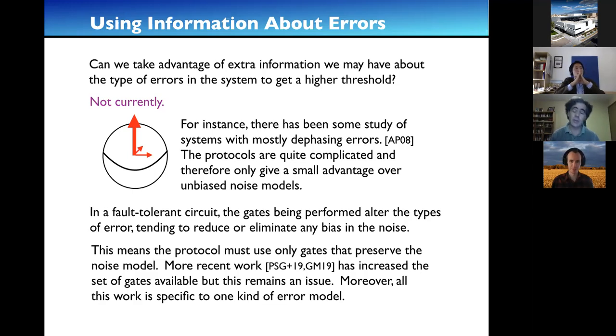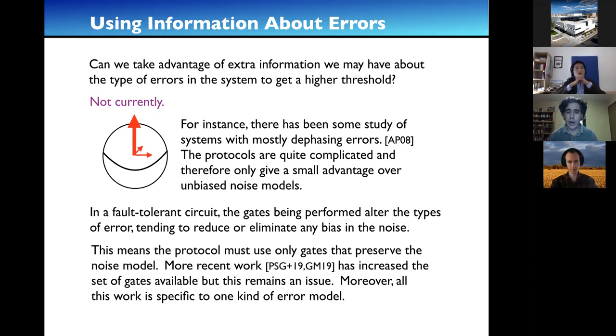Complicated means there are extra gates and extra qubits, which in turn means there are more things that can go wrong, and that makes the fault tolerance worse. So on the one hand, you have a better code that's good at correcting this type of error. On the other hand, you have a more complicated protocol. These things fight, and the upshot is that you only get a small advantage by doing this.